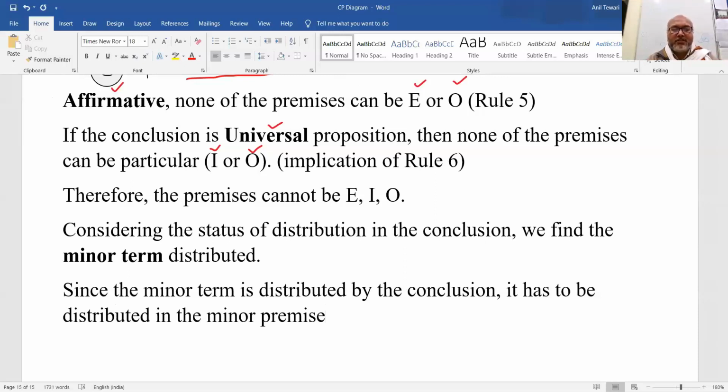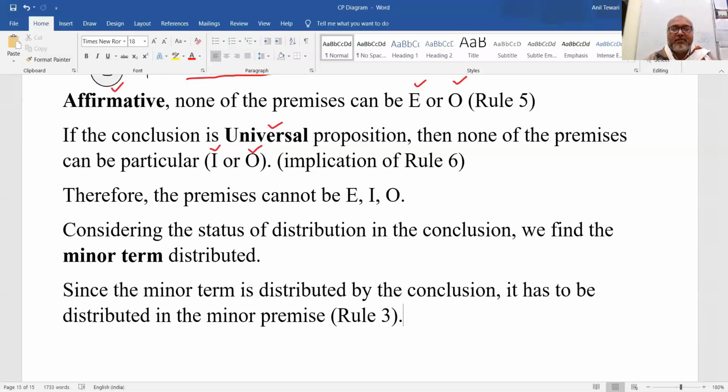Since the conclusion distributes the subject term, that is the minor term, it has to be distributed in the minor premise. What is the rule? Rule number 3. Rule number 3 says that if any term is distributed in the conclusion, then it has to be distributed in the premises as well.